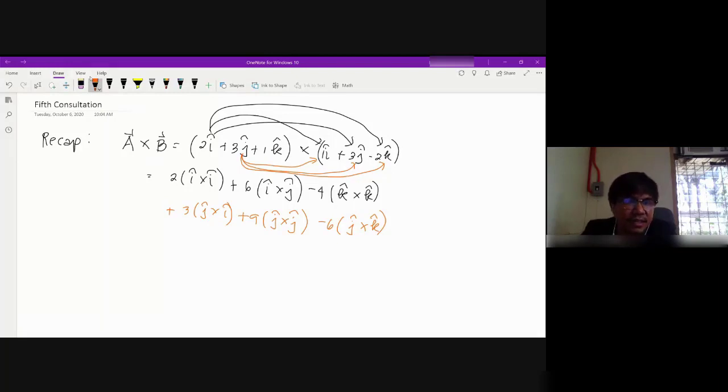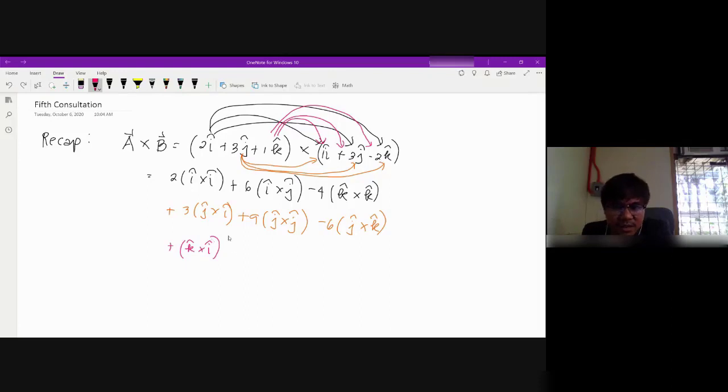Okay. And then the last term, so you have this one, and this one. So we have plus 1 times 1, that's just 1. Pwede na ako sulat ng 1, or pwede na hindi na ako isulat ng 1. So K hat cross I hat. It is understood nga na 1 diri, di ba?